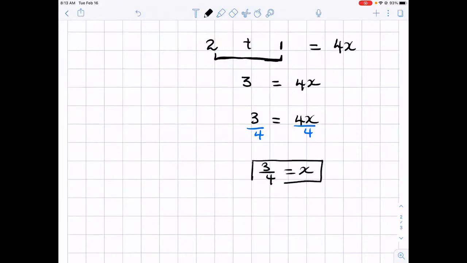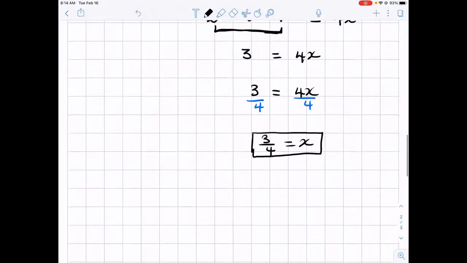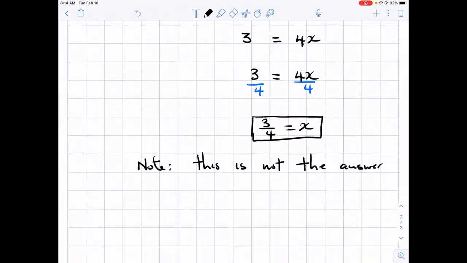So it just happens in this case that the x value is 3/4, but this is not the answer. Note, this is not the answer. This is the value of x.